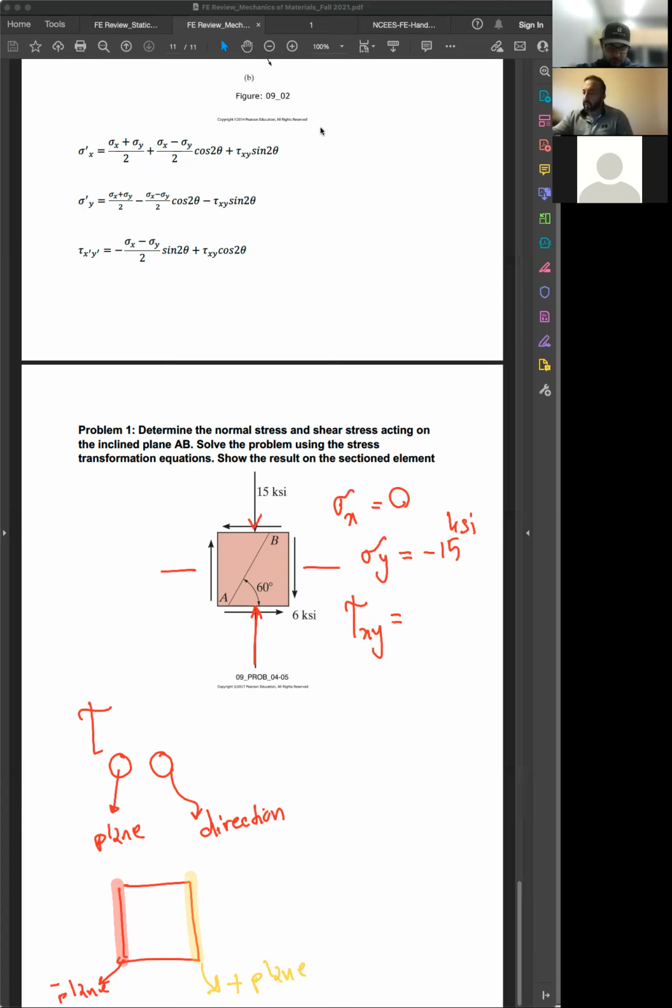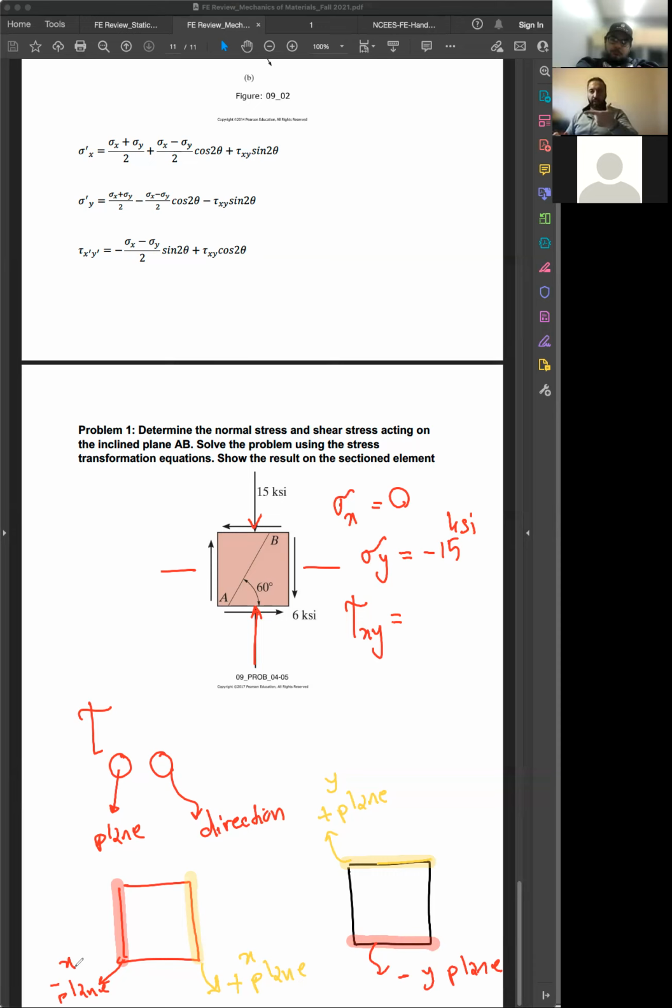We can have the same discussion for the vertical elements. For example, here I have this y plane on top, which is a positive y plane, I would say, and this one at the bottom here is a negative y plane, negative x plane here.